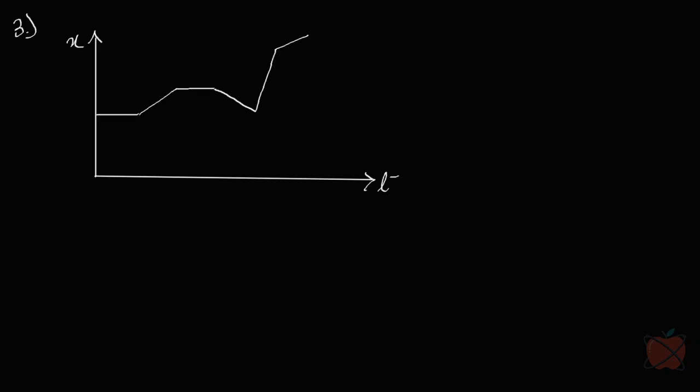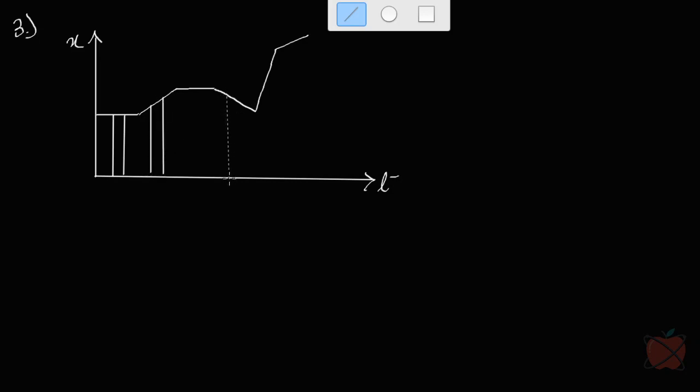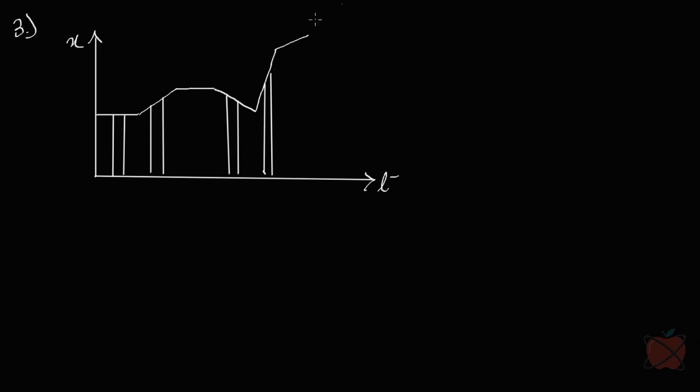Let's say you have this interval, then this interval, then this interval here, and so on. So this is interval A, this is interval B, that's interval C, and this is interval D.